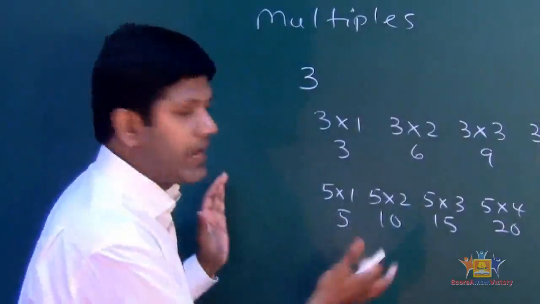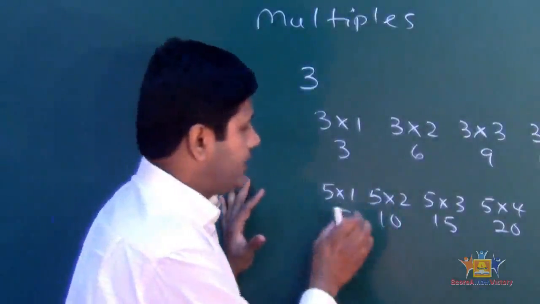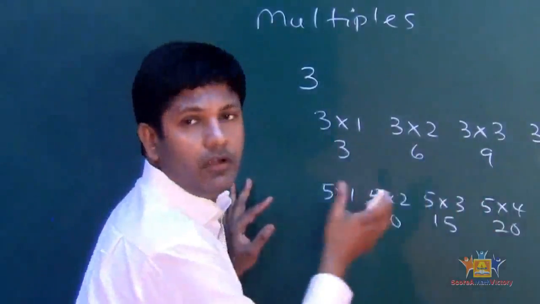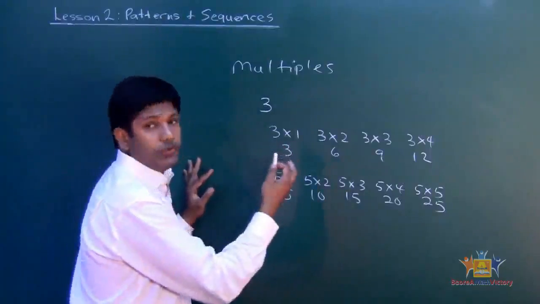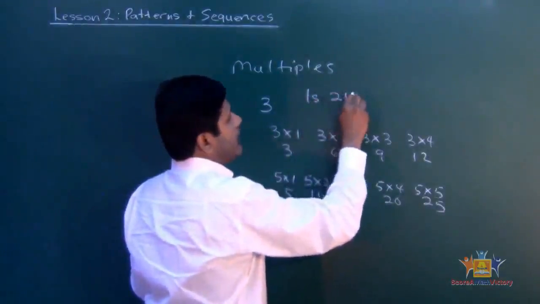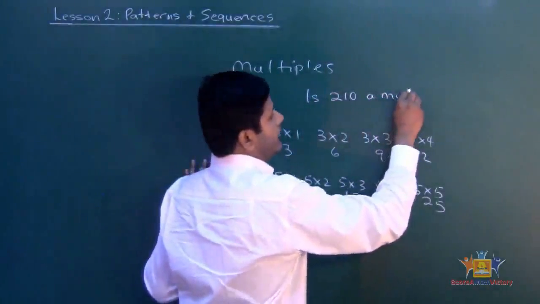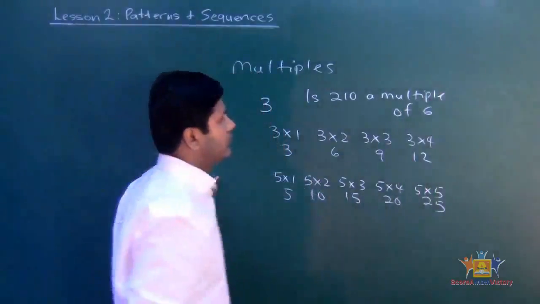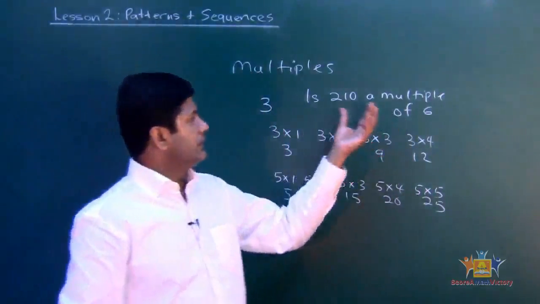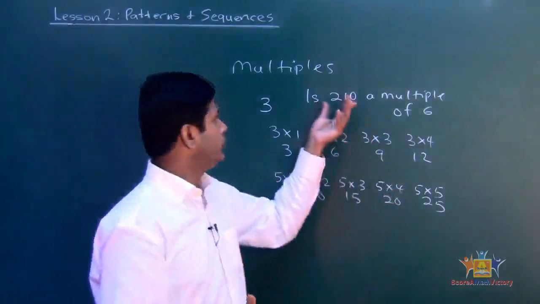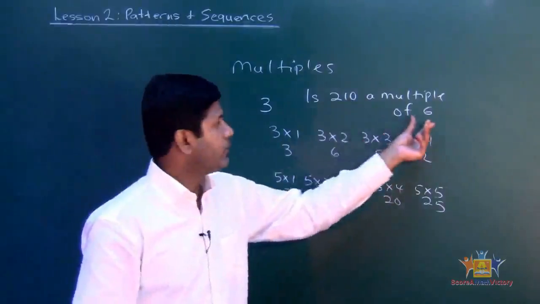See that? So it's a timetable. All these are multiples of 5. All these are multiples of 3. So let's say if I ask you, is 210 a multiple of 6? That means 6 multiplied gives 210, and that's what I want to find out.